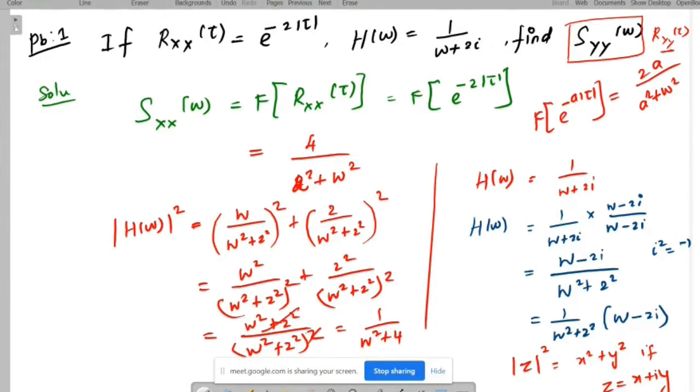If you want to find this autocorrelation, you must find S_yy of omega first. After finding S_yy of omega, you can find the corresponding value. So indirectly they will ask like this. Before finding this value, you have to find the power spectral density of output first. By taking the inverse Fourier transform of this value, you may get this answer, right?